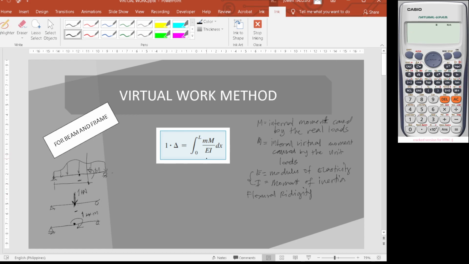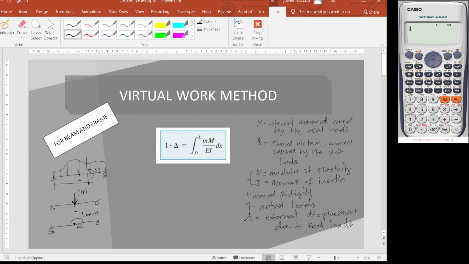On the left side we have 1 kilonewton or 1 kilonewton per meter. This is the virtual load, so 1 represents the virtual load, and delta will represent the external displacement due to real loads.